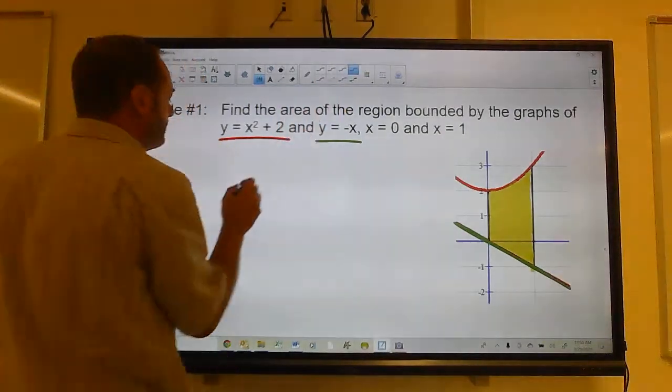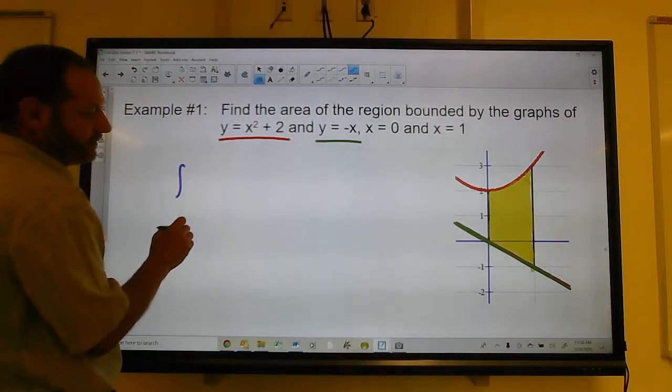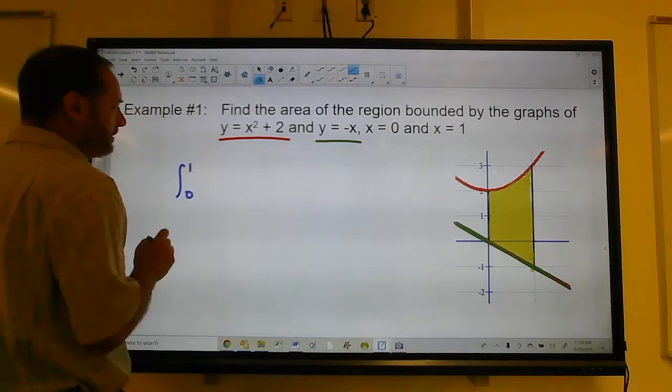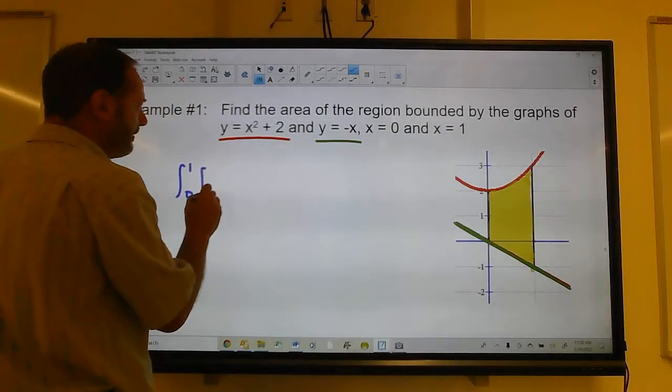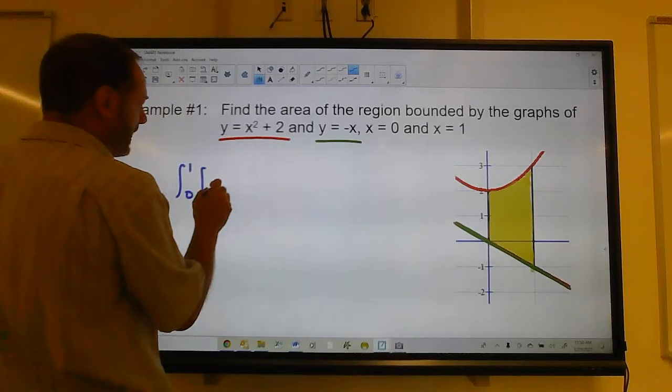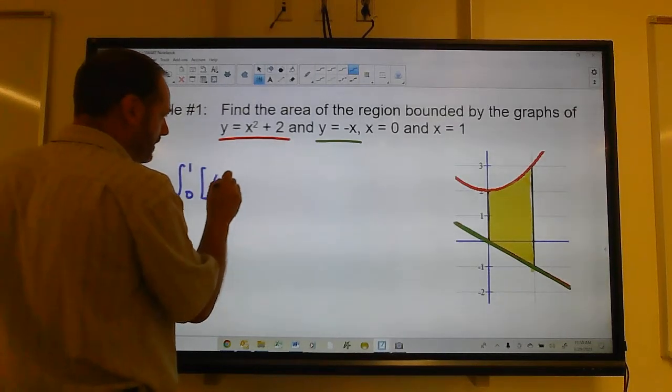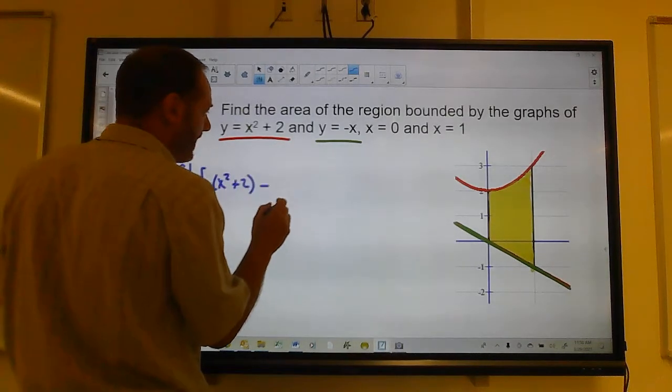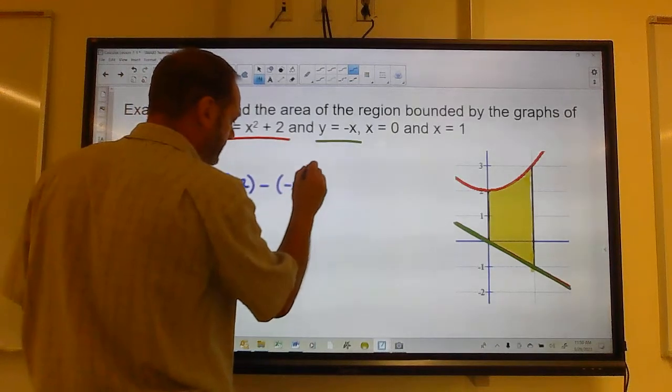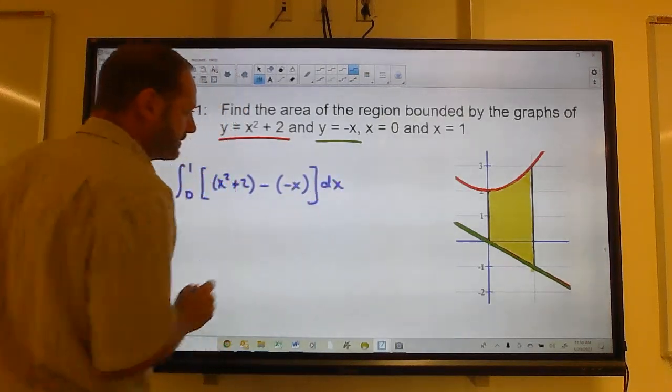All we're going to do is take the integral from 0 to 1 of x² + 2 minus negative x dx.